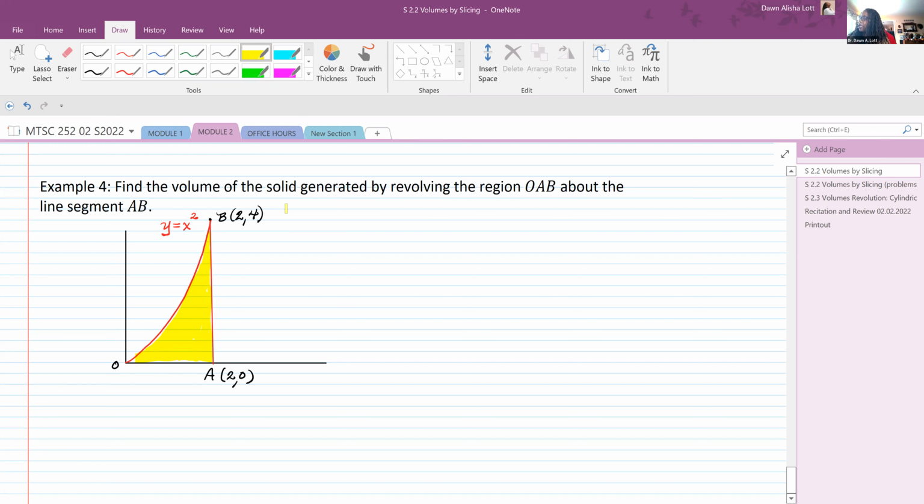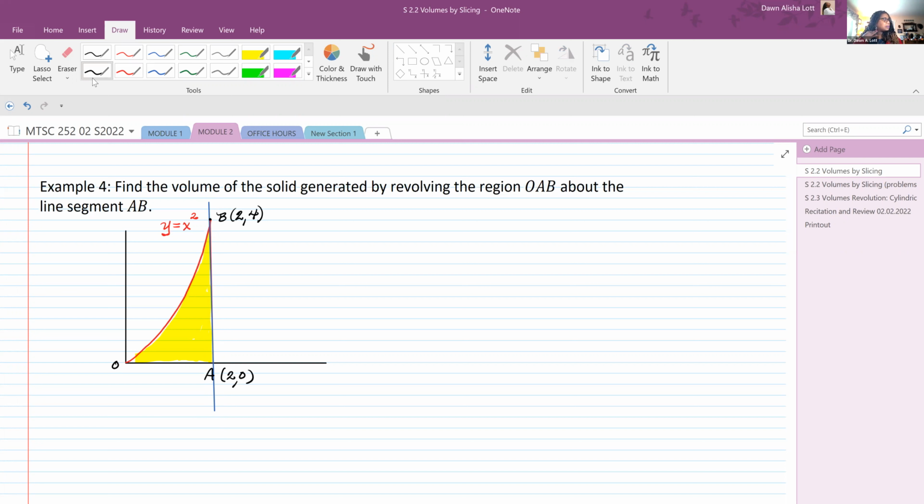So if I had a real line that went through here, what would be the equation of the real line going through there? What's the equation of that line? Hello?